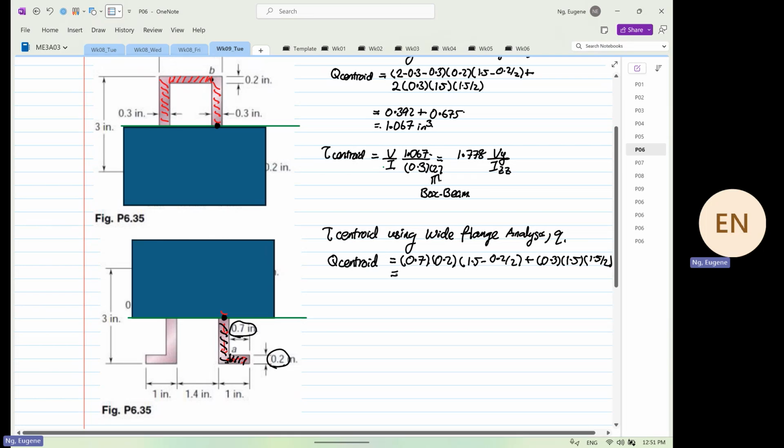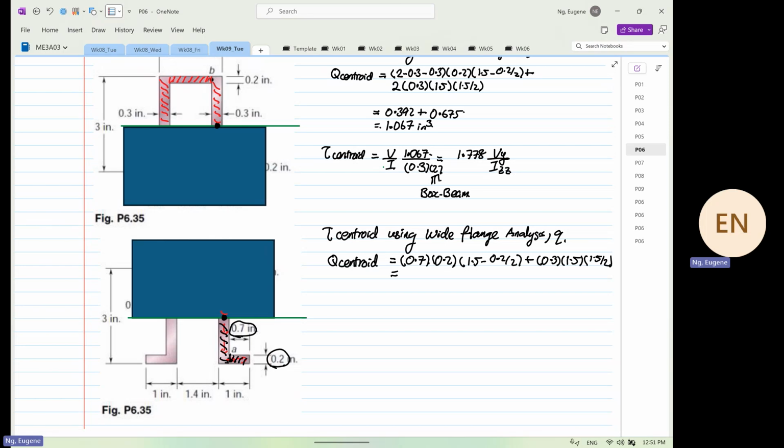So this will be equal to 1.5 minus by 0.1 times 0.2 times 0.7 is equal to 0.196 plus 0.3 times 1.5 times 1.5 divided by 2, 0.3375. So the Q centroid is 0.196 plus 0.3375, so it's equal to 0.5335 inches to power of 3.